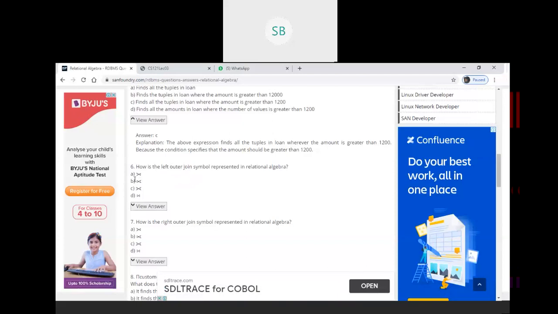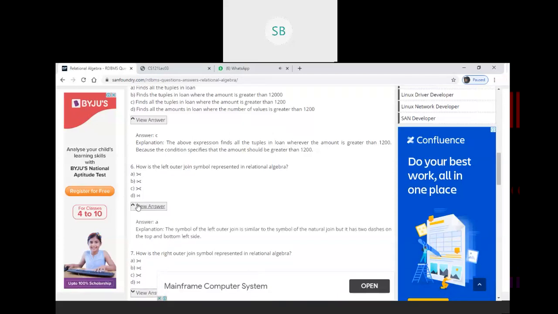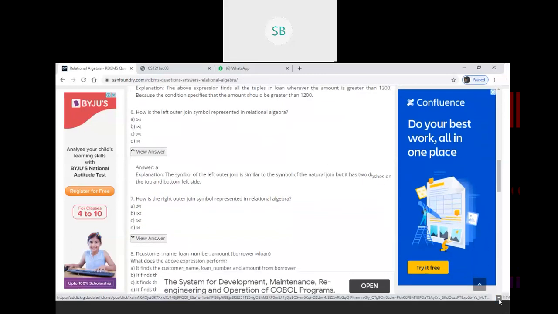It will be more on the left-hand side. So it will be A. Just check. For the right-hand side, it will be more on the right, and for the full join, the line will be stretched in both directions, and D is the symbol for the normal join. Any kind of equijoin or everything.